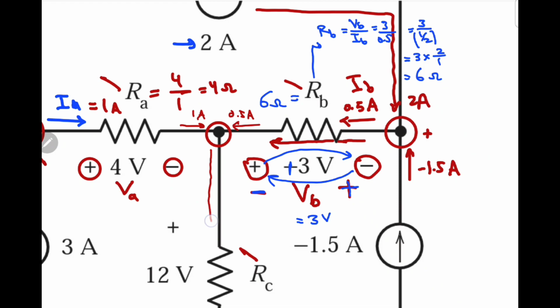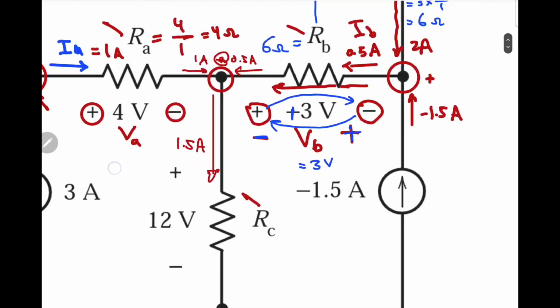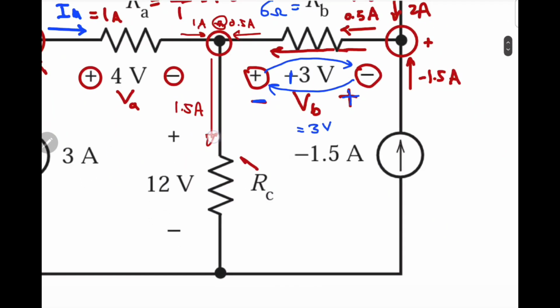If you add them up, you will have this current equal to 1.5 ampere. Because this current of 1.5 ampere is going in this direction, the voltage drop across RC is the conventional one. So the voltage VC, 12 volt, is just VC.